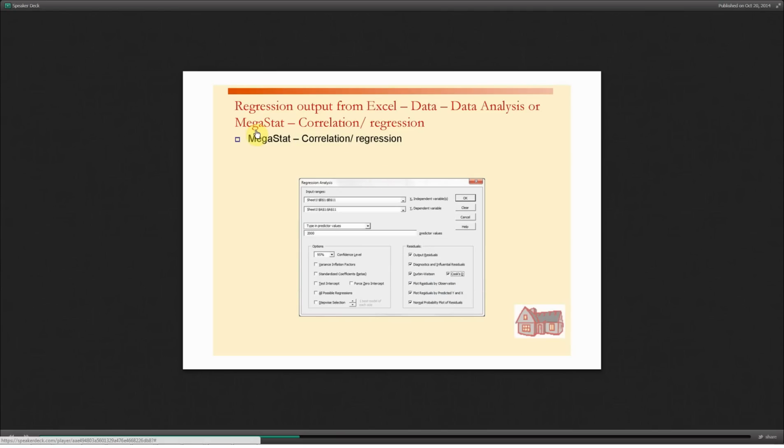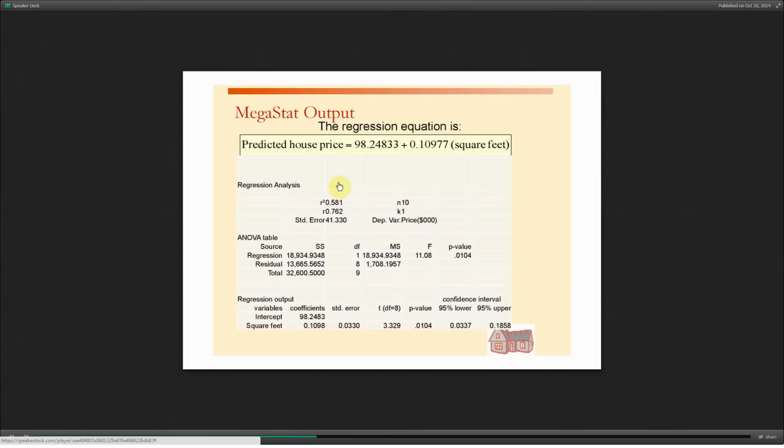Megastat will give us a bit more detail. Under correlation and regression, we bring up this table, select these different options, and get an output something like this.